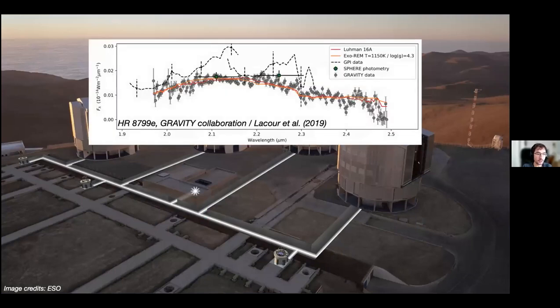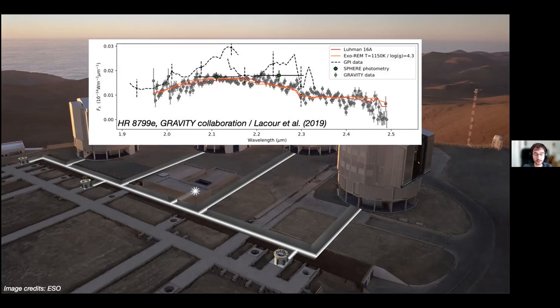What is shown here is the spectrum of HR 8799e.